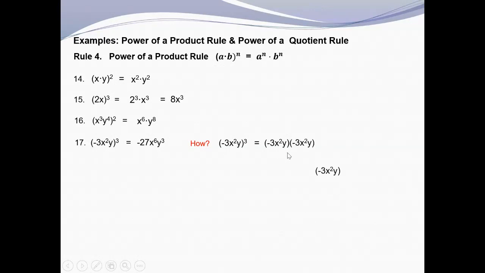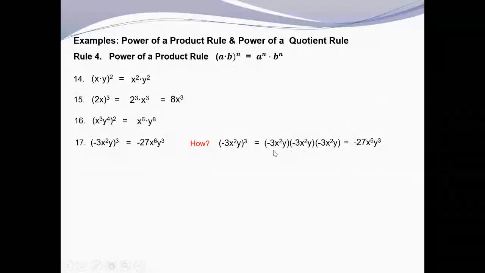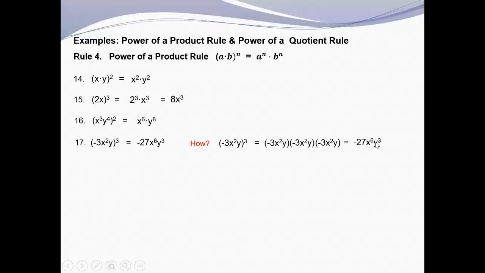You multiply it 3 times. So negative 3 times negative 3 times negative 3 will give us negative 27. x squared times x squared times x squared, we add the powers: 2 plus 2 plus 2 is 6. And y times y times y will give us 1 plus 1 plus 1, which is y to the third power.